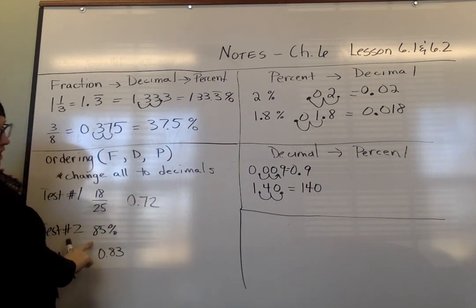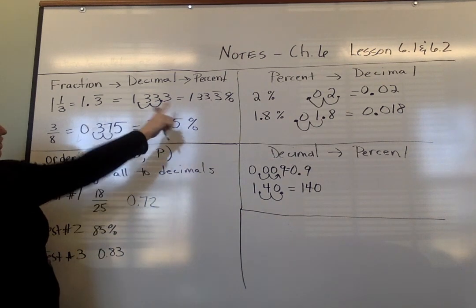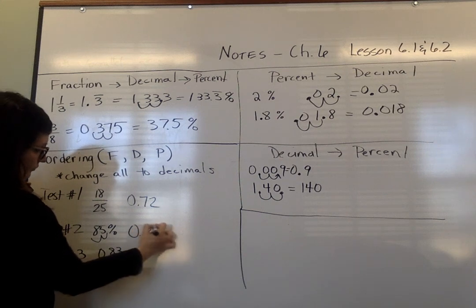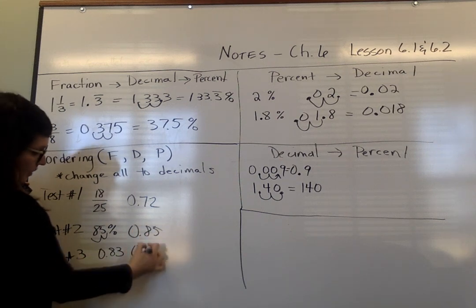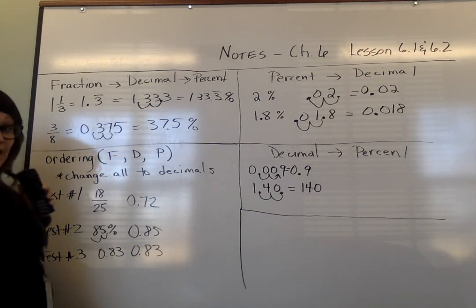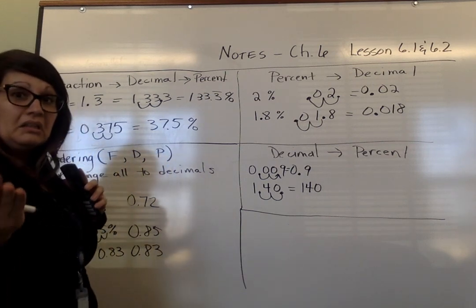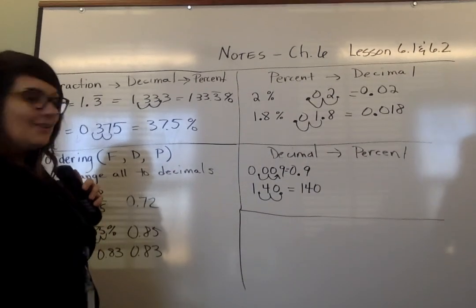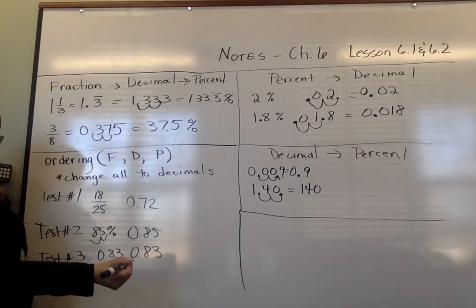Oh, here's my percent. To change it to a decimal, I just swoopy twice. And this one's already a decimal. So now I have to order them. So let's see.